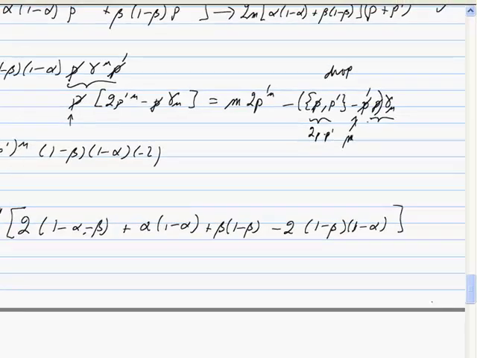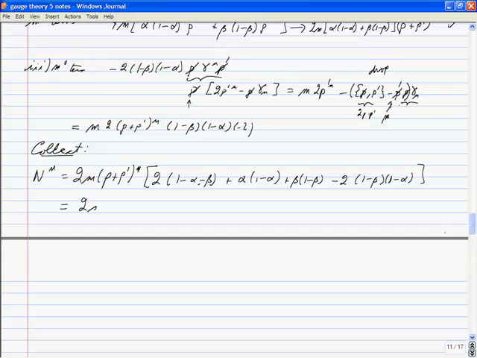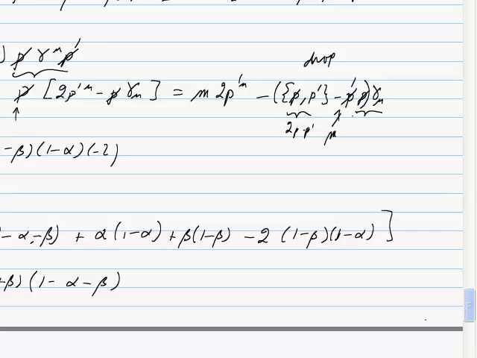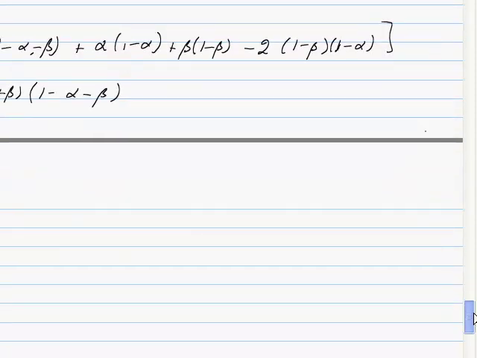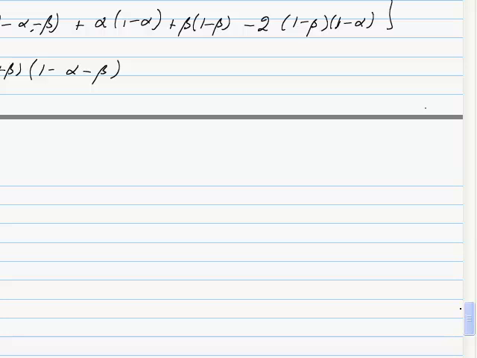Okay, if you add those all up, it's 2m p plus p prime mu turns into alpha plus beta 1 minus alpha minus beta. Okay, the overall factors of 2 there cancel, so there's no term without an alpha or a beta. That actually turns out to be important. If that didn't work, for time I'll show you that would have given an infrared divergence, but it doesn't happen, so it doesn't.